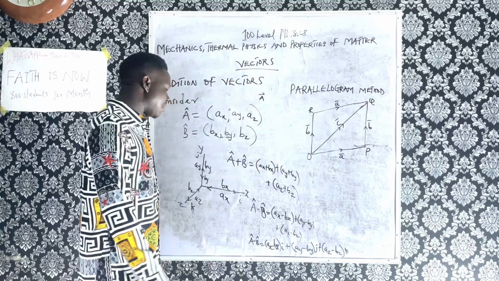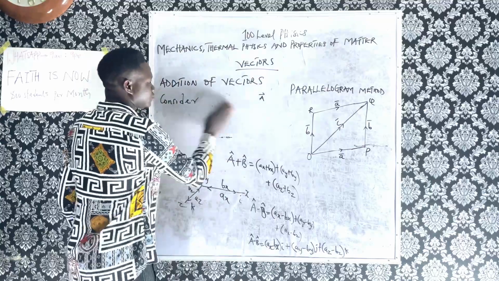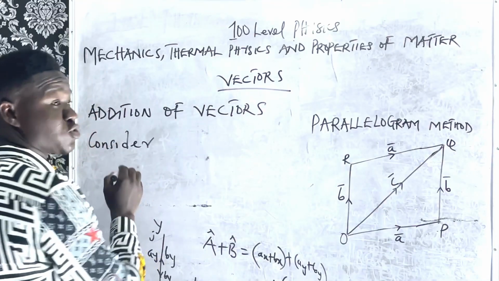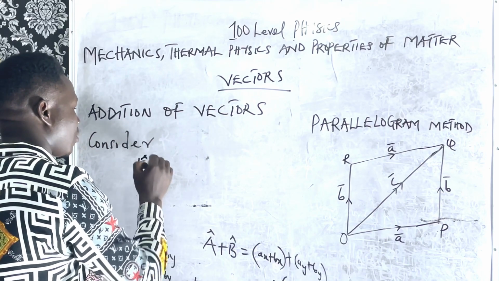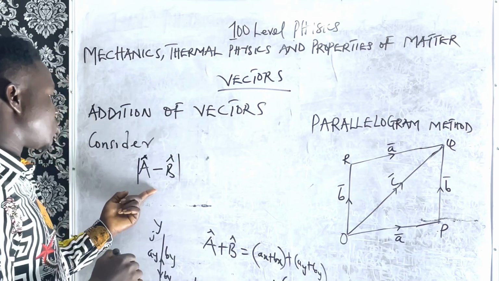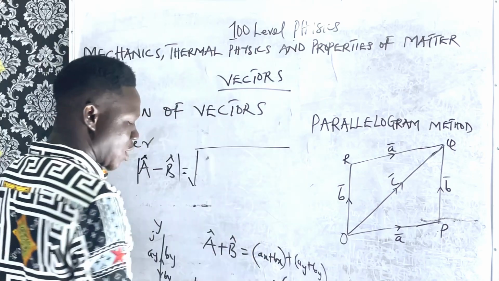So if you want to look for the magnitude, this is the exact magnitude. Then it's just the square root of the square of each of them.